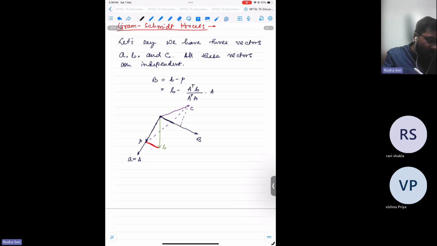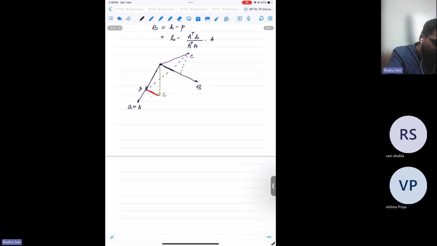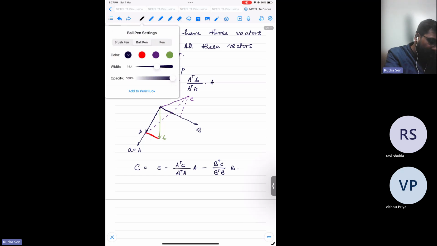Then what we get is a capital C vector, which is small c minus, first, the error for the A vector, because we projected the C vector on line A, right? So we need to subtract the error for that. And then we projected the C vector on line B as well, so we need to subtract for that. So now the vector that we got is something like that.